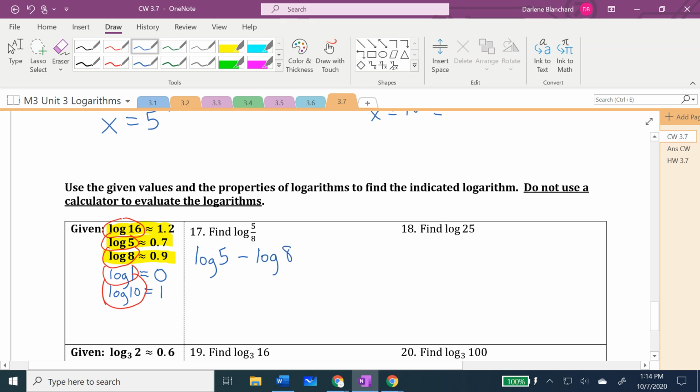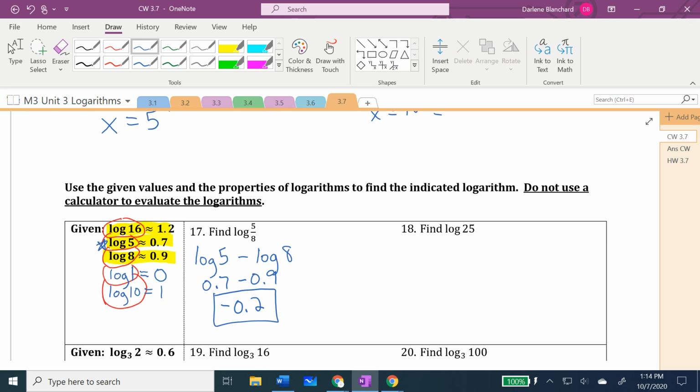So what they're asking you to do is come over here and grab log of 5 is approximately 0.7. Log of 8 is approximately 0.9. That means that this is approximately negative 0.2. That's what they're asking you to do. So yes, you were right when you asked if it was approximately negative 0.2.